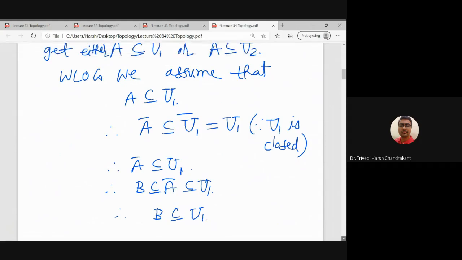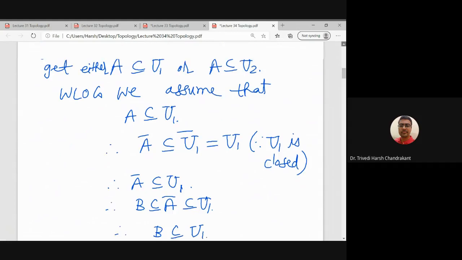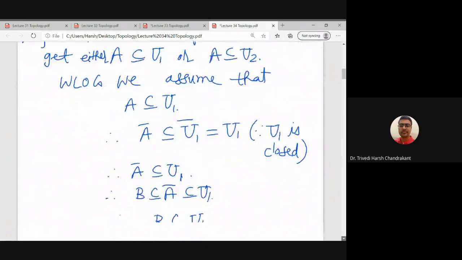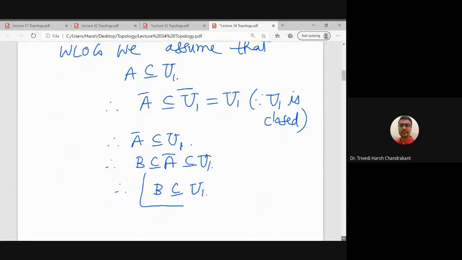And what is U1, U2? U1, U2 are non-empty disjoint sets whose union is B, and B is a subset of U1.